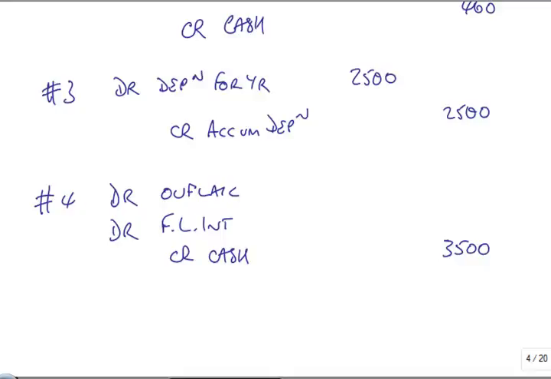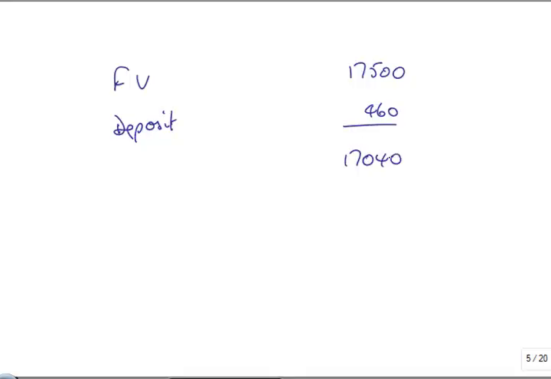But we can actually work it out, and we really ought to work it out. And this is the way you would do it. The fair value of the asset is 17,005. Immediately, we pay a deposit of 460. So we're actually borrowing 17,040.